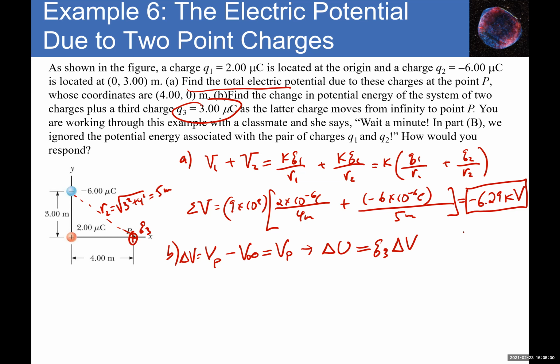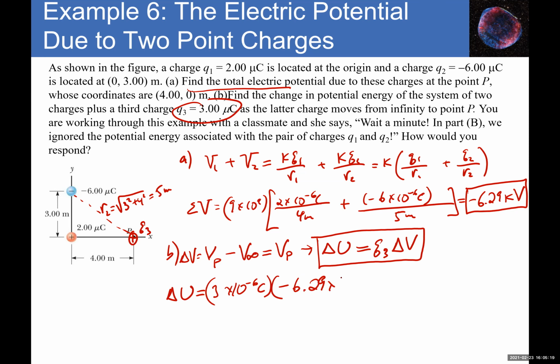But I don't need to because I have this equation, change in potential energy equals Q3 times change in potential already at that point P. So then delta U is equal to, well, my Q3 is 3 times 10 to the negative 6 coulomb, and my delta V was negative 6.29 times 10 to the 3 volts. Okay. Put them together, I get negative 1.89 times 10 to the negative 2 joules. And that's my change in potential energy. Okay.